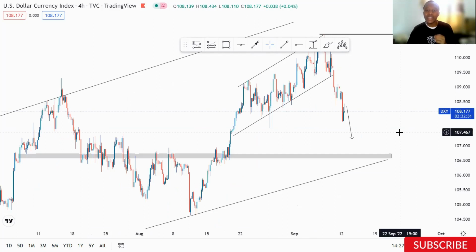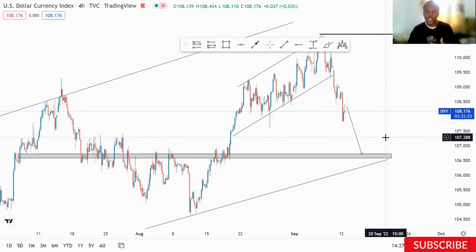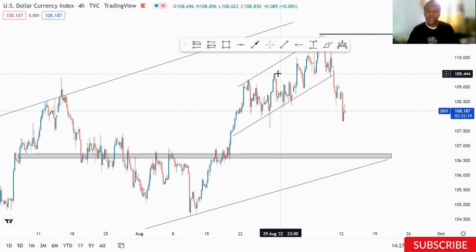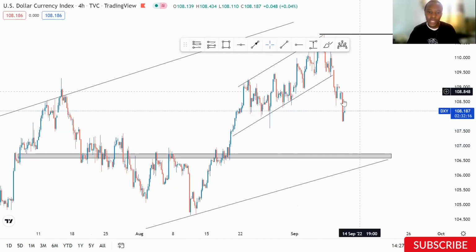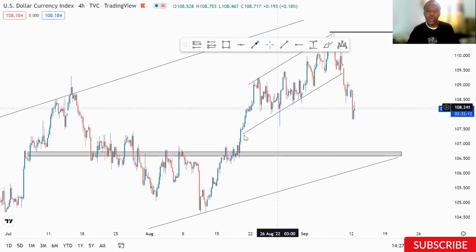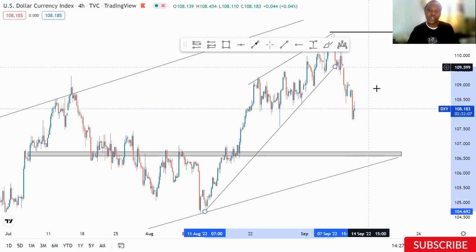It would make sense if the DXY could sell to the downside up until this level, because it is going to give us a third touch at the bottom, right? I remember saying on the previous video that I'll be looking at exactly something like this. So now that we're here, let's go into the lower time frame so that we can understand what's going on. Or we can even have this trend line like this, but then it starts not to make sense.